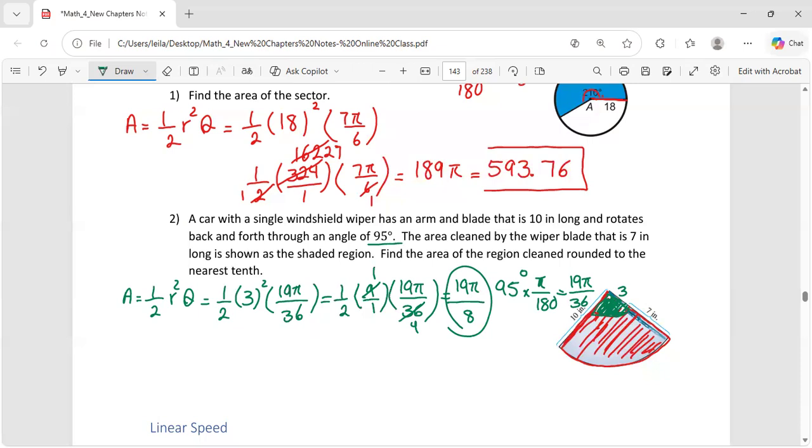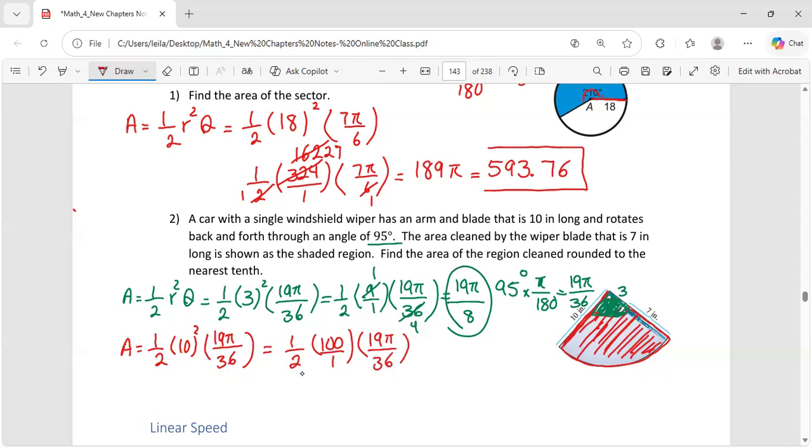Now we need to find the area for the red part, and we know that the radius for that part is 10. But we still have the same angle. And we know 10 squared is 100. We can simplify 100 with 36 and 2.